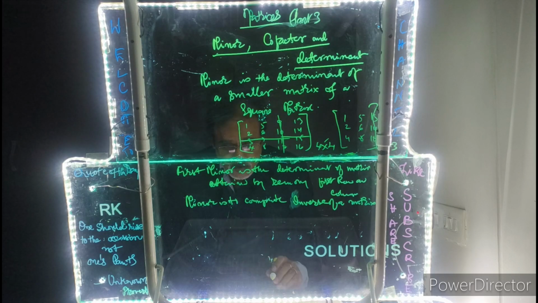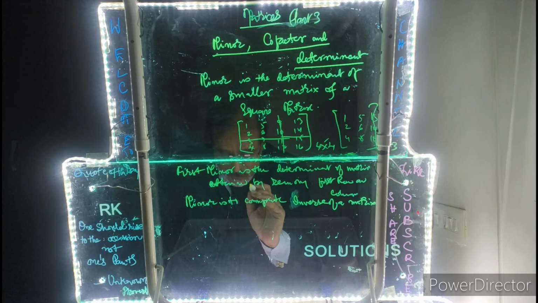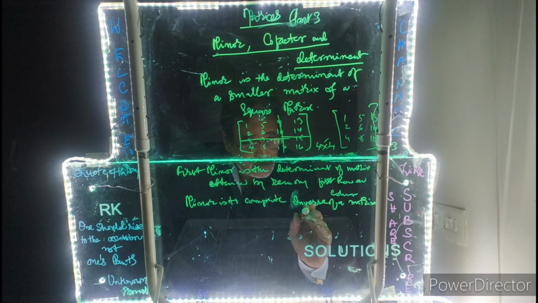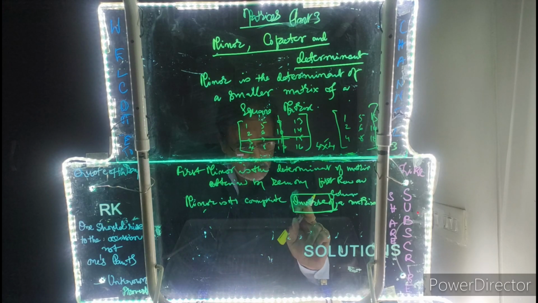Okay, so if you have a matrix, then to come up with the inverse of that matrix, you need cofactor. Okay, how will we come up with the inverse of a matrix? Let's see now.